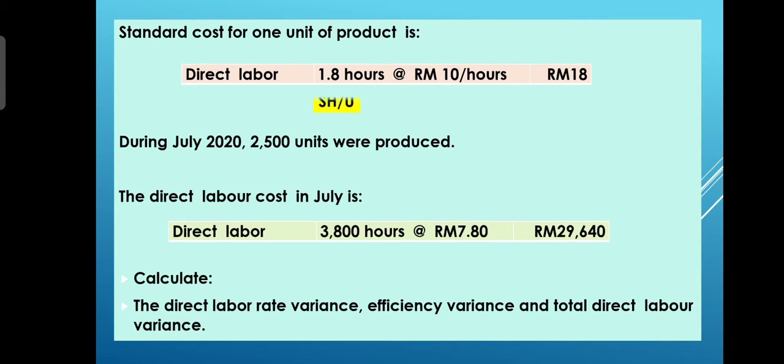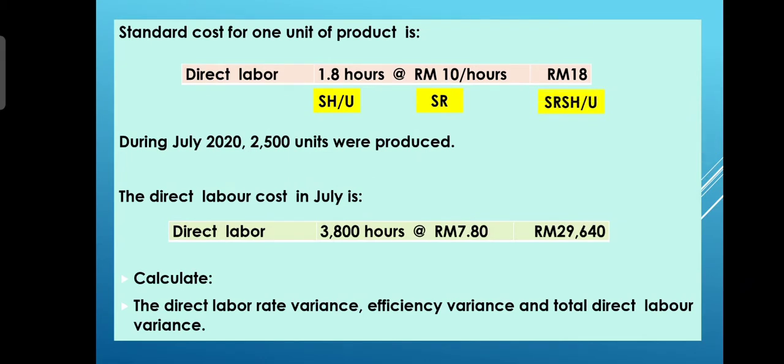This company estimated to use 1.8 direct labor hours to produce 1 unit of product at the wage rate of RM10 per hour. Therefore, the standard direct labor cost per unit is RM18.